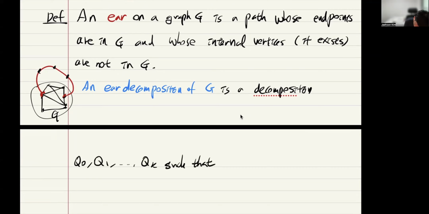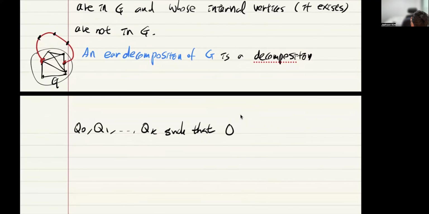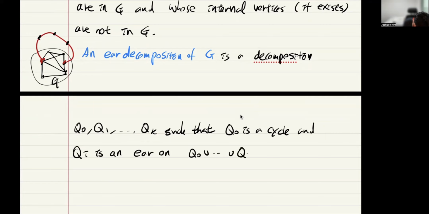Such that here decomposition means that the edges of these partition edges of G. So edges of G partition into edges of Q0, edges of Q1, and so on. Such that what? Q0 is a cycle and Qi is an ear on the union of the previous graphs for all i at least 1.